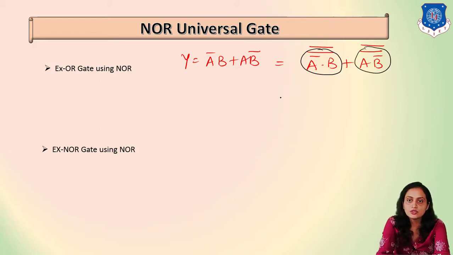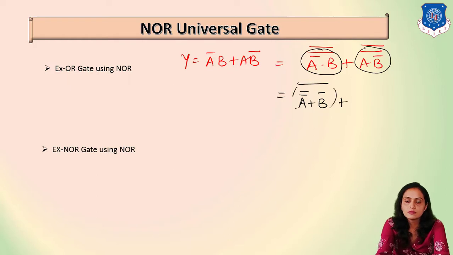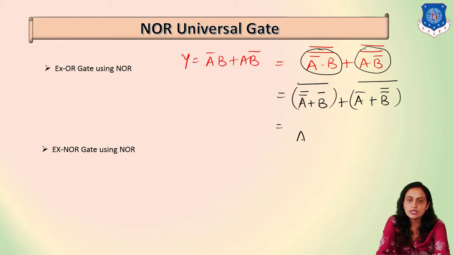Then I will be able to get this A bar twice plus B bar, and upper bar is still there, plus A bar and plus B bar twice, and still upper bar is there. So this becomes A plus B bar whole bar plus A bar plus B whole bar.